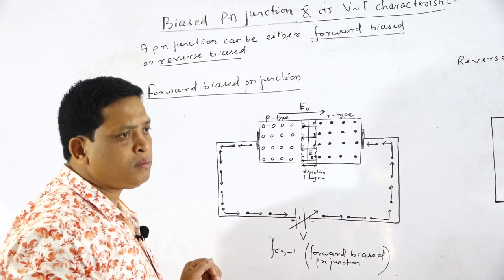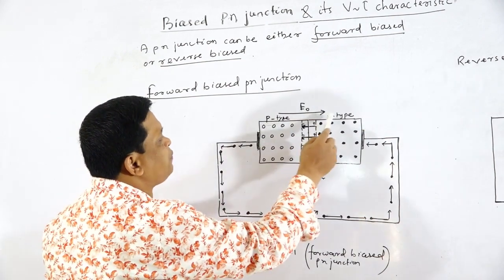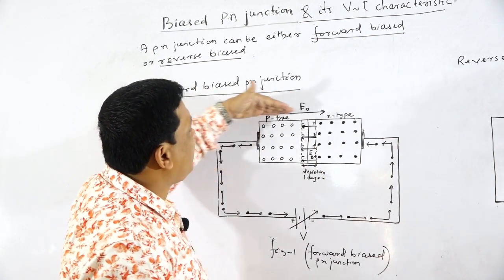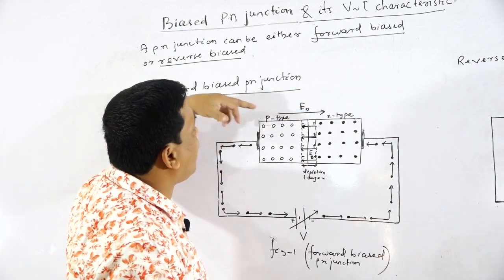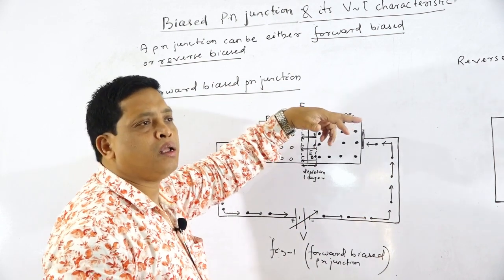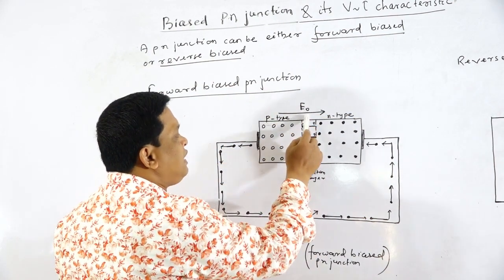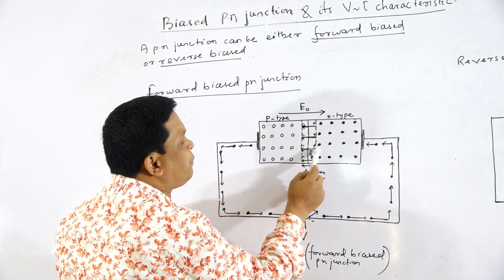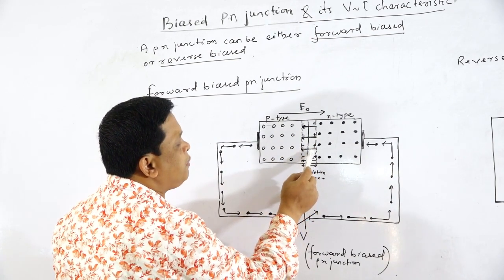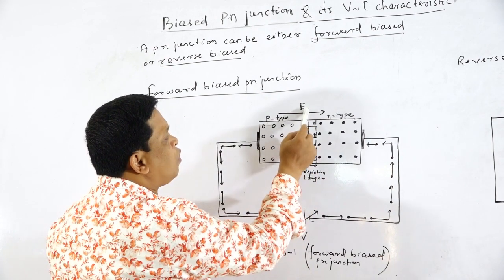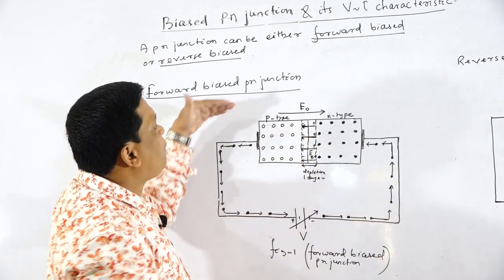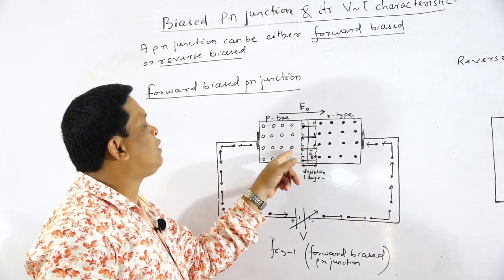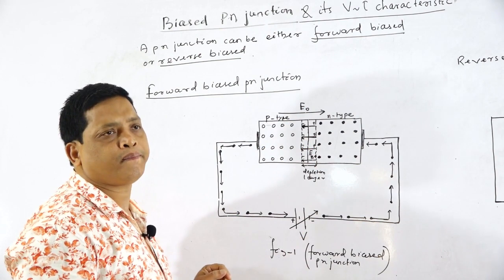So in a forward biased P.N. junction, what we find, the applied electric field, outside electric field, E naught is anti-parallel, opposite to the internal barrier field, EB. EB is the barrier field, E naught is the applied field. So applied electric field is anti-parallel to internal barrier field.